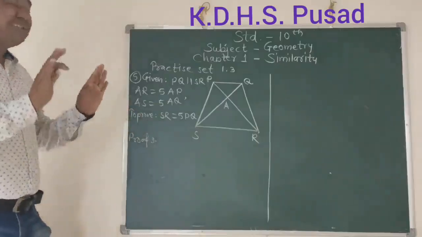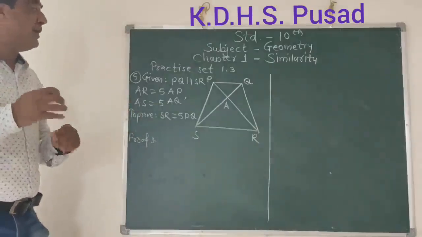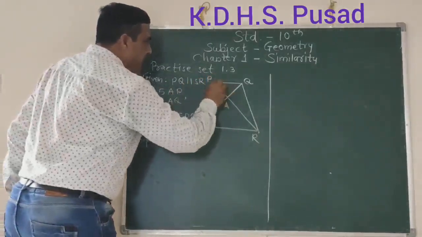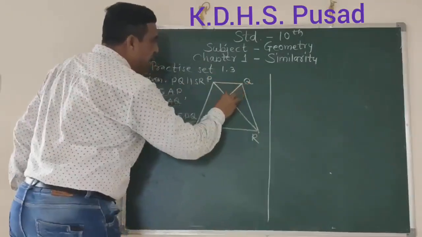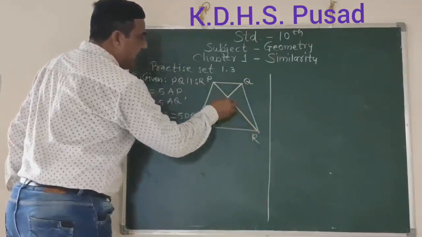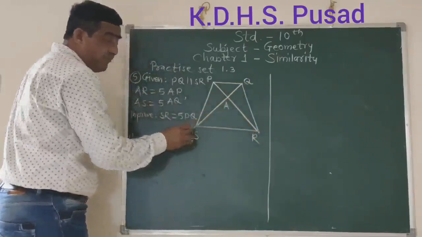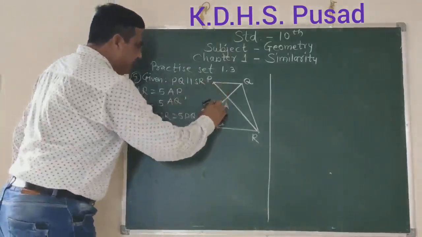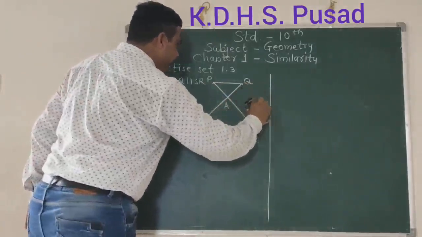So here, first of all, select the triangle in which you want to use the AA test. So here I am using these two triangles, triangle PQA and triangle RAS. To avoid confusion, I am omitting this.